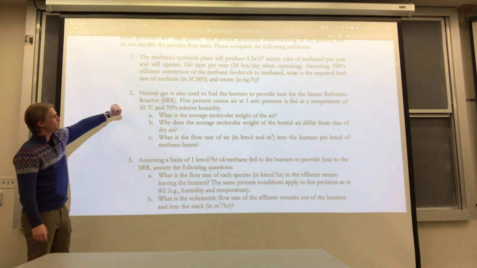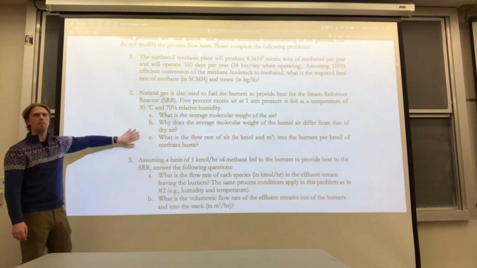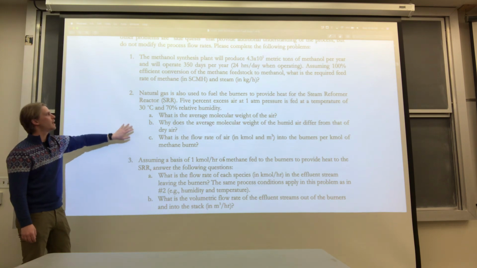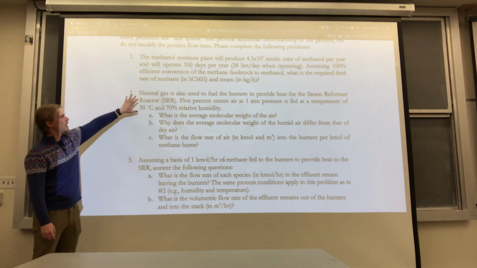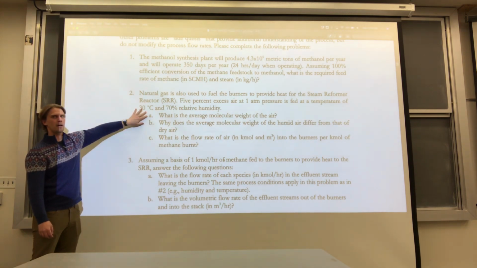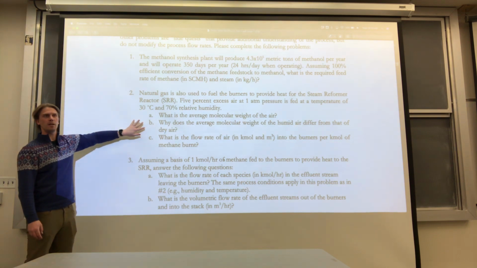Okay, part 2, this is talking about the methane and burning. So what are the flow rates per kilomole of methane fed to the system, right? What's your molecular weight of the air? Because we have to factor in the humidity. Why does the molecular weight of air differ from that humid air of dry air?